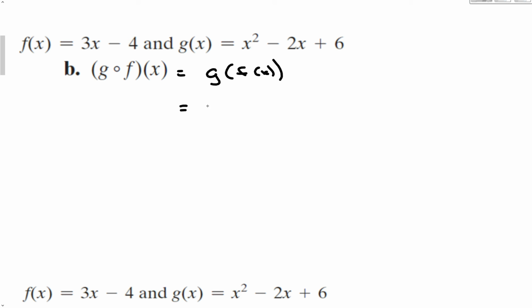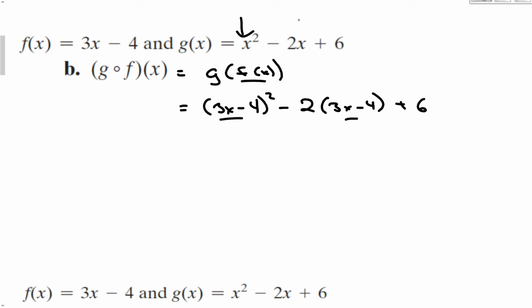So instead of x squared, it turns into 3x minus 4 squared, minus 2 times 3x minus 4, plus 6. Instead of the variable x, I write the function f of x. So these x's get replaced with that. And now I just simplify.